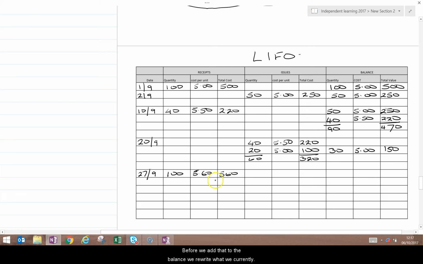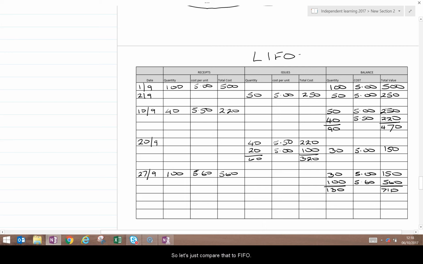So before we add that to the balance, we rewrite what we currently have. So we have 30 at £5. We have another 100 now come in at £5.60. So in total, 130 at £710.